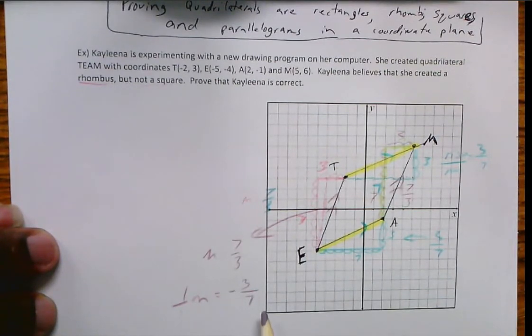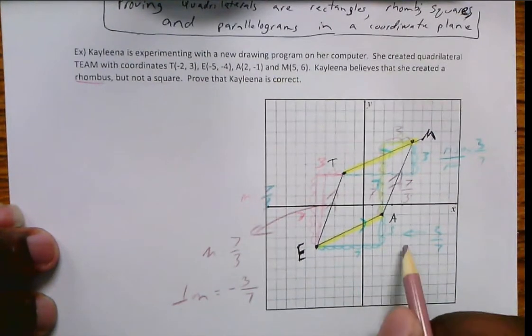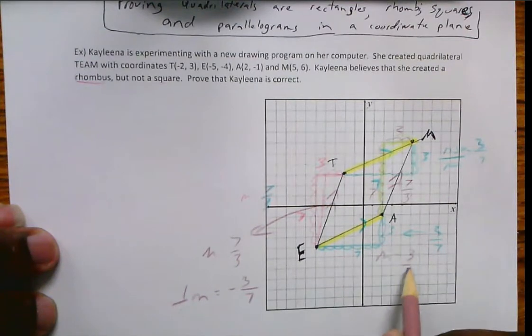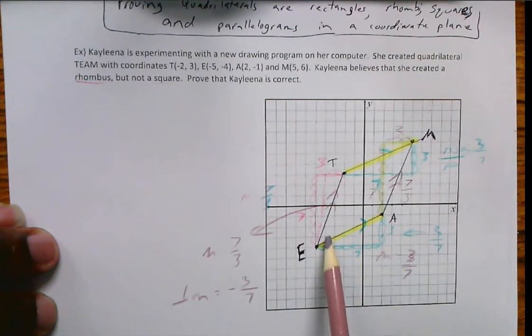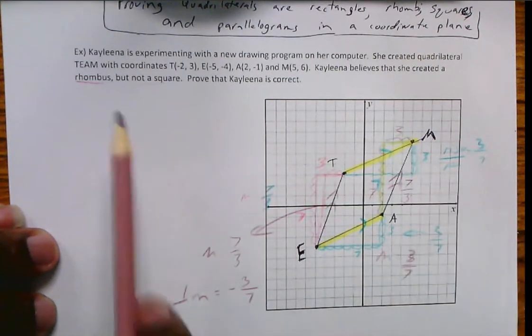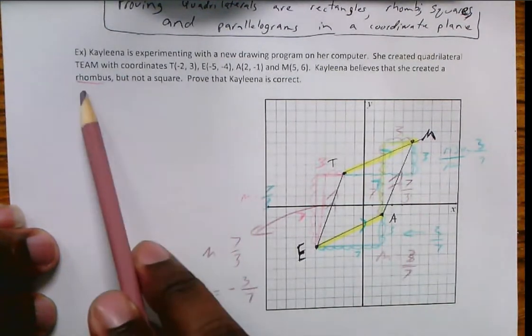And looking at this line's slope, it is +3/7. So since it's +3/7, not -3/7, they can't be perpendicular. So in this case, I have both pairs of sides parallel, but this angle is not a right angle. So with the difference between a rhombus and a square, it has to be a rhombus.